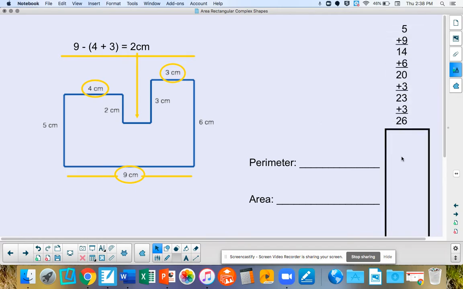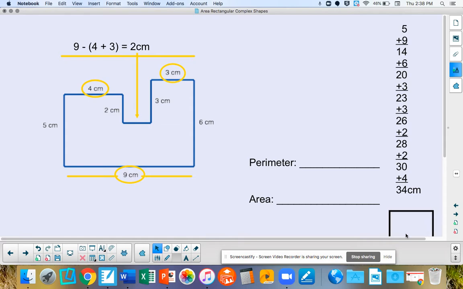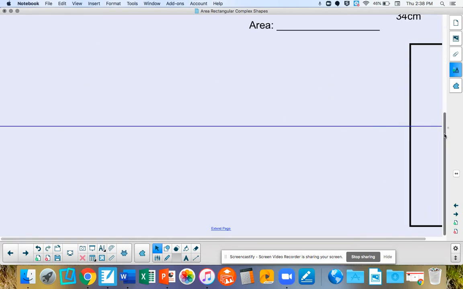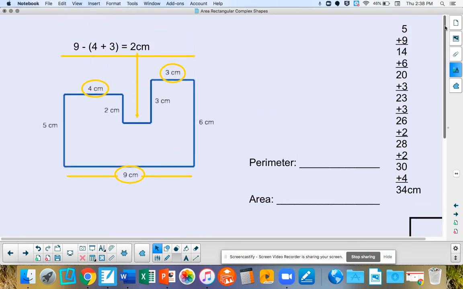What you should have done is added each thing together one at a time. If you add each thing together one at a time, you should have come up with the result of 34 centimeters. So our answer for the perimeter is 34, and it's going to be cm, or we could write out the word centimeters.